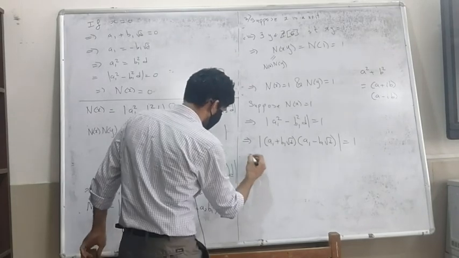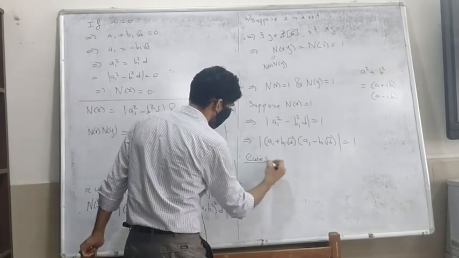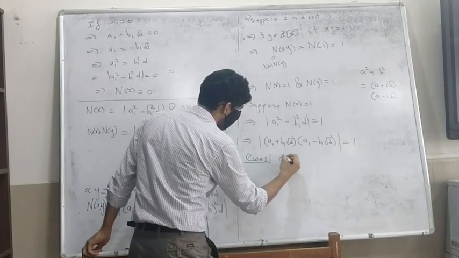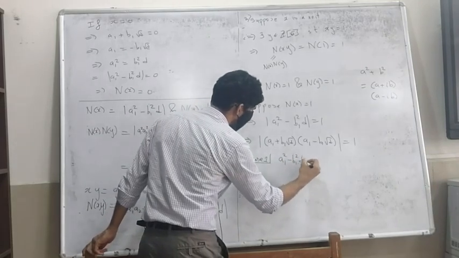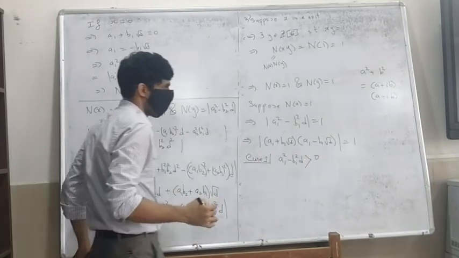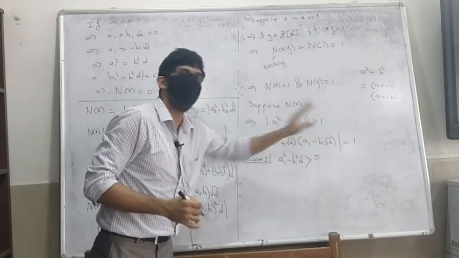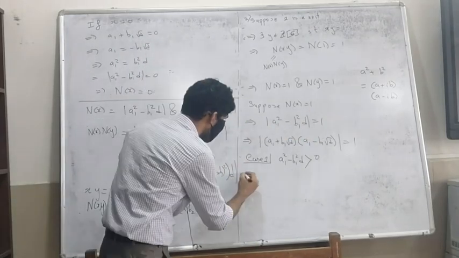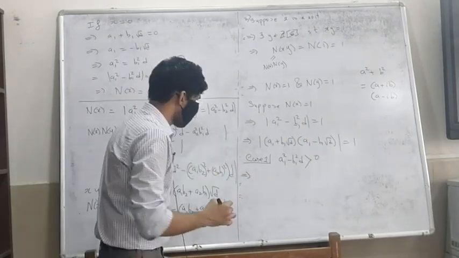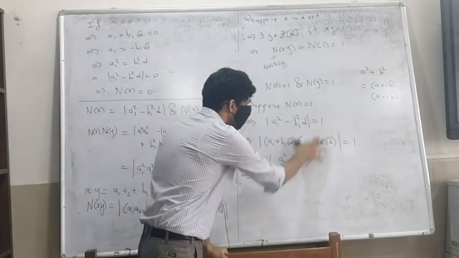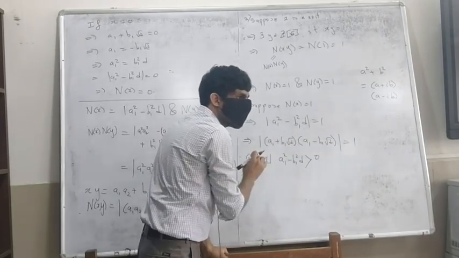Okay. So case 1 is if your a1 square minus b1 square d is positive. It cannot be 0 because this is equal to 1. So if this is positive, that means the modulus is going to be the same thing, right?